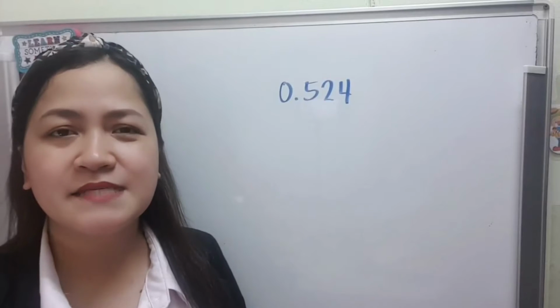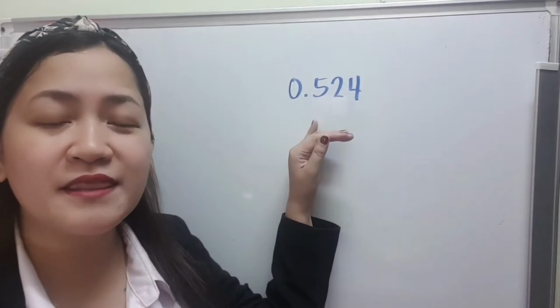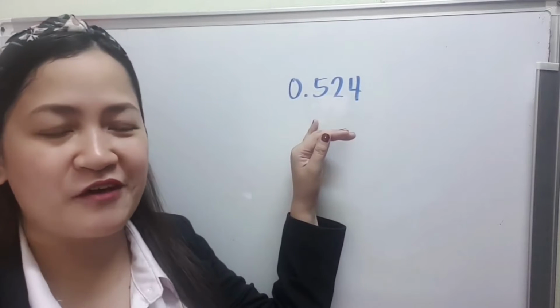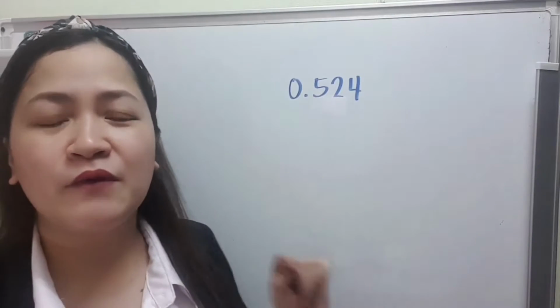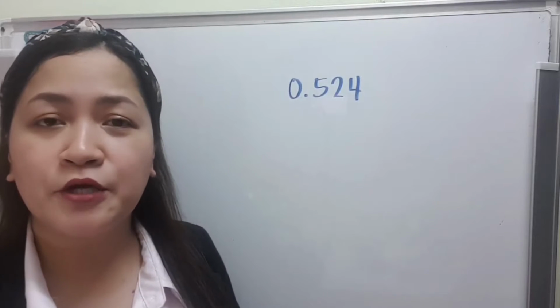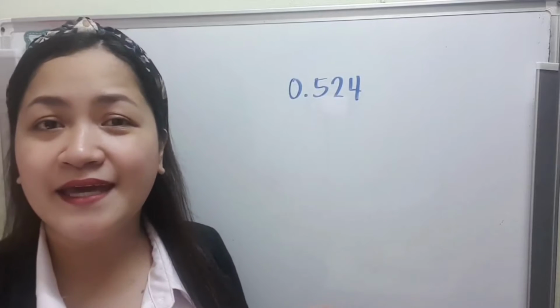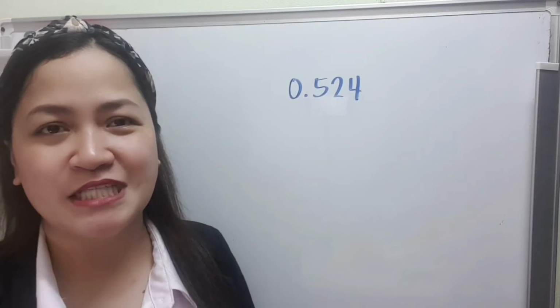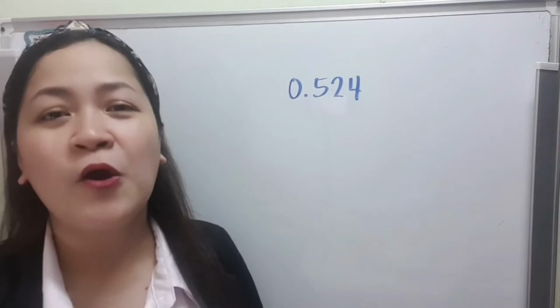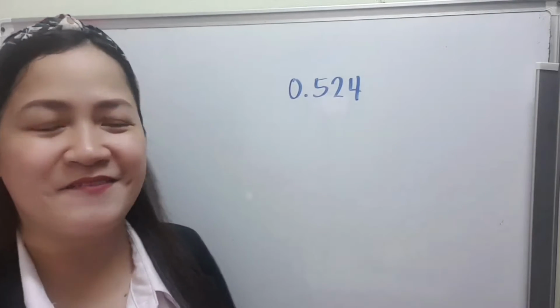Now how about a decimal to percent? So we have here 524 thousandths or 0.524. You remember when we change percent to decimal, we just move the decimal point 2 places to the left. So since it's the other way, that only means that you're going to multiply it by 100 or just simply move the decimal point 2 places to the right.